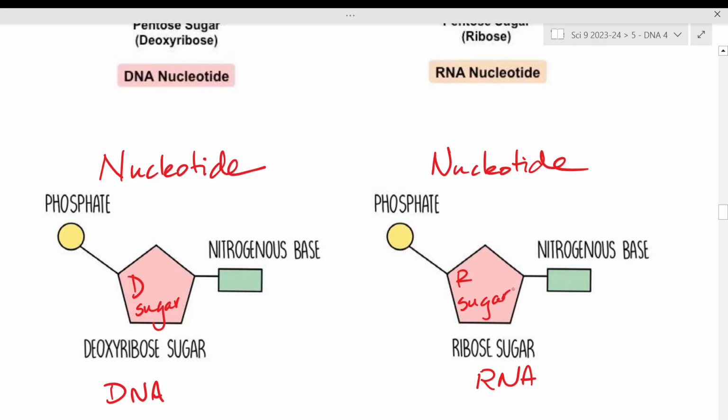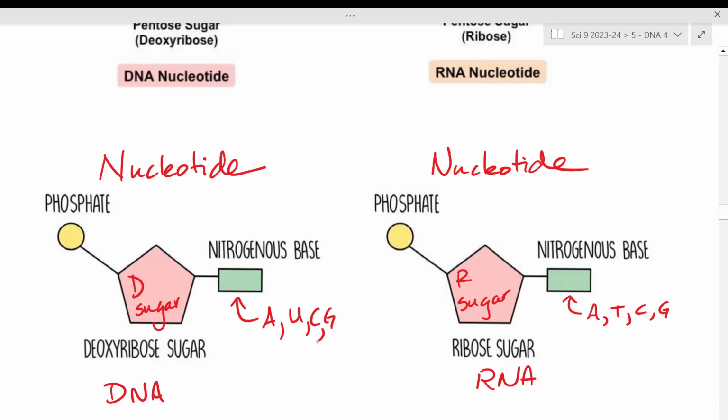Okay, that part at the bottom is something that's useful. The nitrogenous base, A, T, C, G. The nitrogenous base for RNA is A, U, C, G.